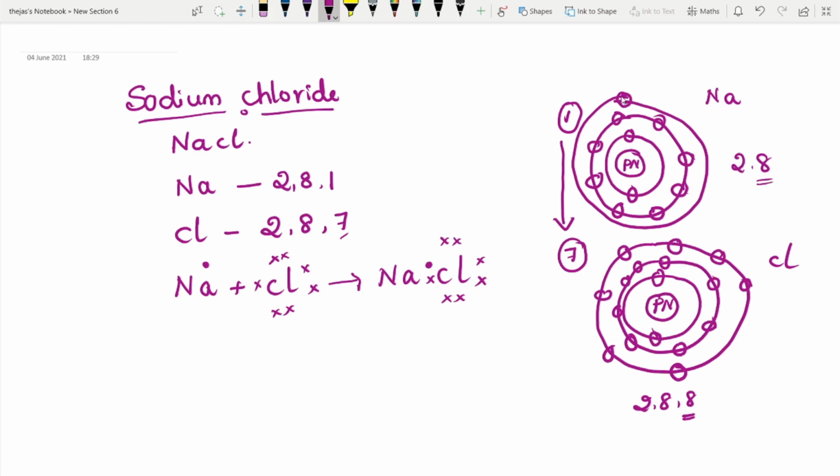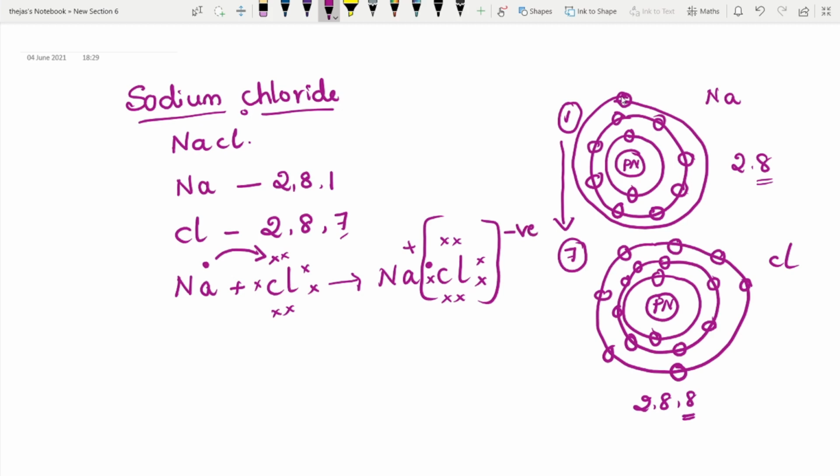Here also it has 8 electrons in the outermost shell and it follows the octet rule. Here we can see when this sodium gives 1 electron to chlorine, it becomes positively charged. And the chlorine gets 1 electron from the sodium and becomes negatively charged.